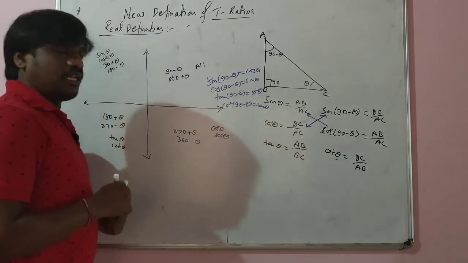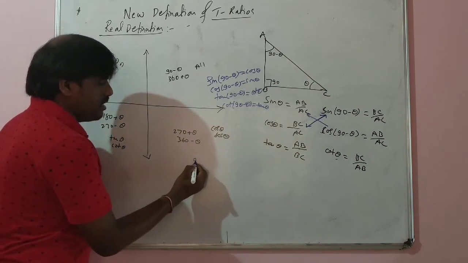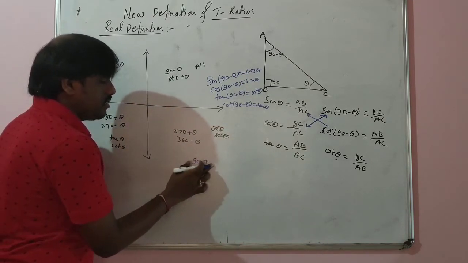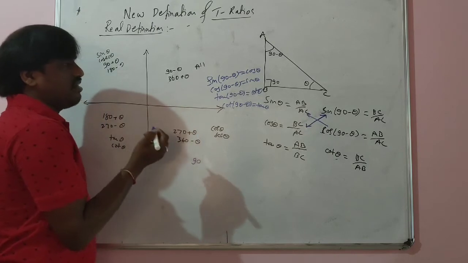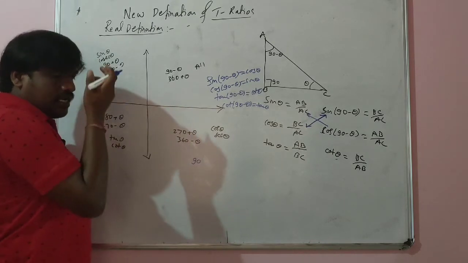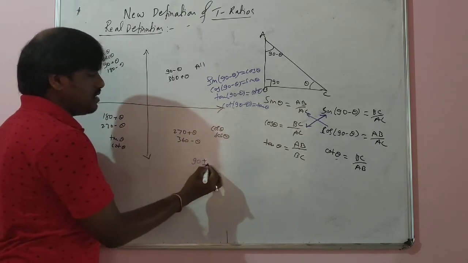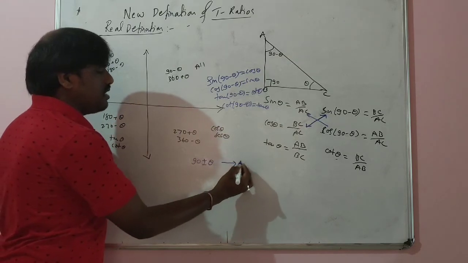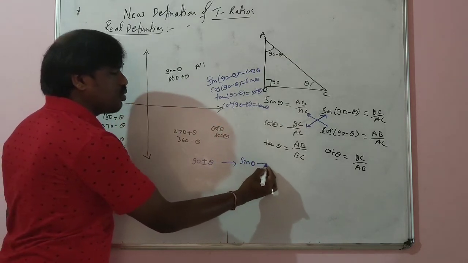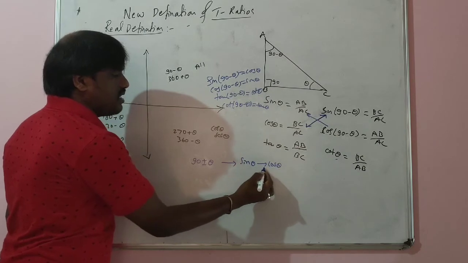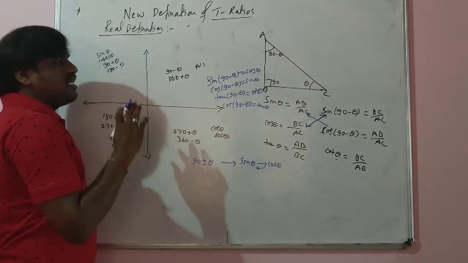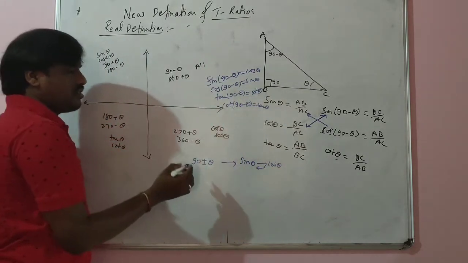So what I want to tell you is, the main thing you have to remember: whenever you have 90 plus or minus theta, sine will be changed into cos and cos will be changed into sine. Means sine is going to cos, cos is going to sine.